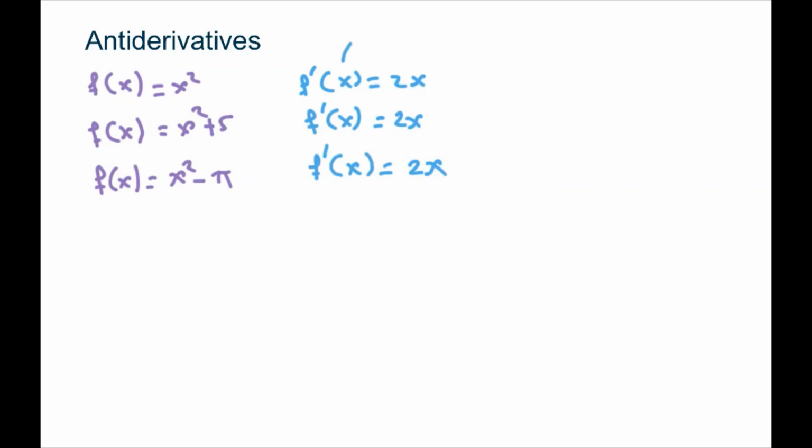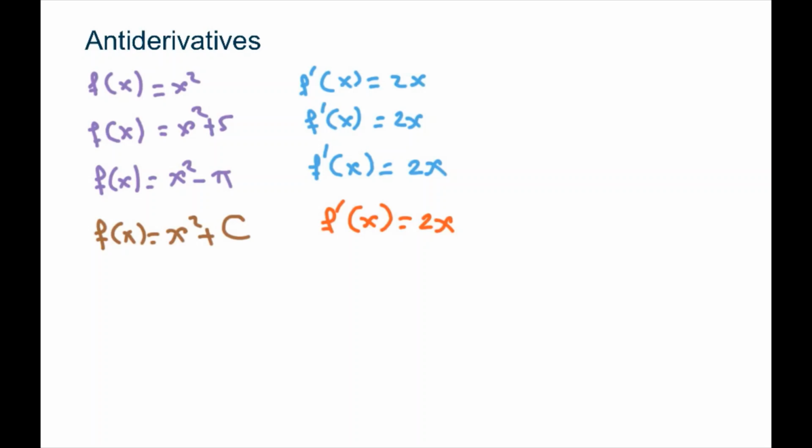So in general, you can say if f(x) equals x squared plus any constant, the derivative is going to be equal to 2x. Now let's go the other way around. Let's think about the antiderivative. One way to think about it is we are doing the opposite of the derivative operator.